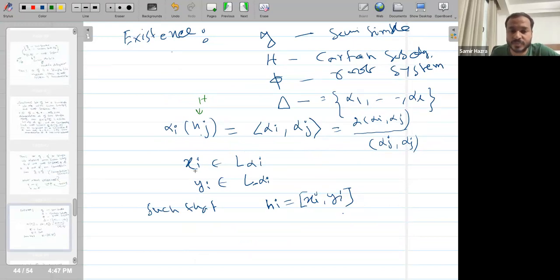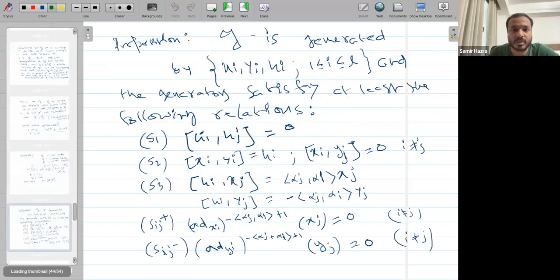And we can also choose x_i, y_i from L_alpha_i and L_minus alpha_i such that h_i equals [x_i, y_i]. Basically, [x_i, y_i] must be inside L_alpha_i plus L_minus alpha_i, so L_0. L_0 is nothing but the Cartan. So clearly we can find x_i, y_i such that h_i equals [x_i, y_i]. Well, so the idea is the following.